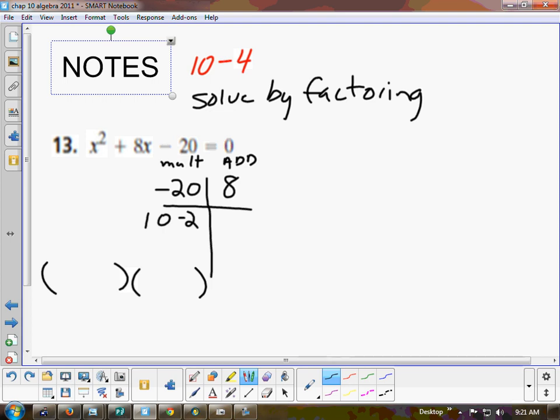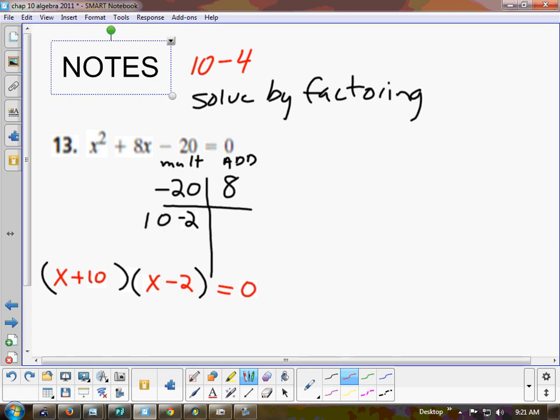Okay, now, at this point, you have your factoring, right? It's factored. Xavier, it's factored. Now, this is like last chapter, however, we have equals 0.